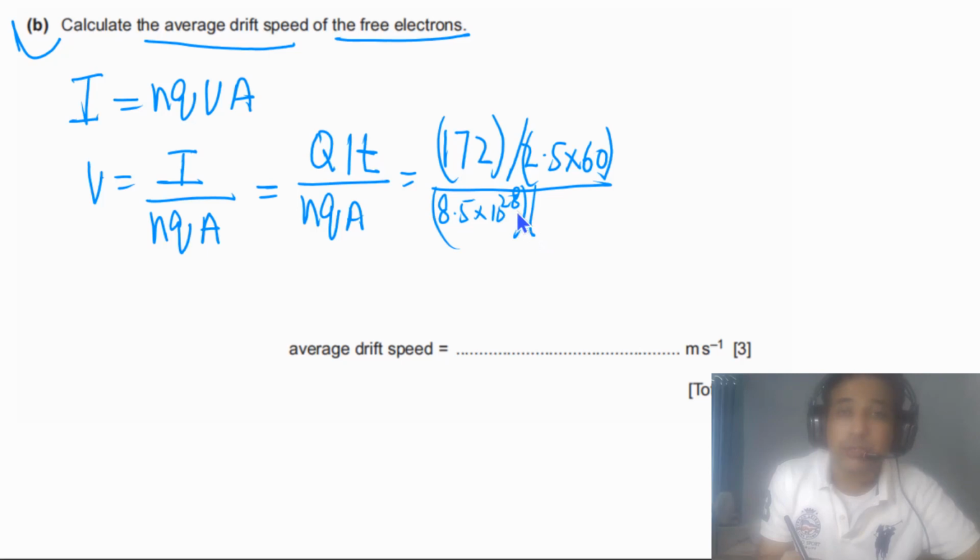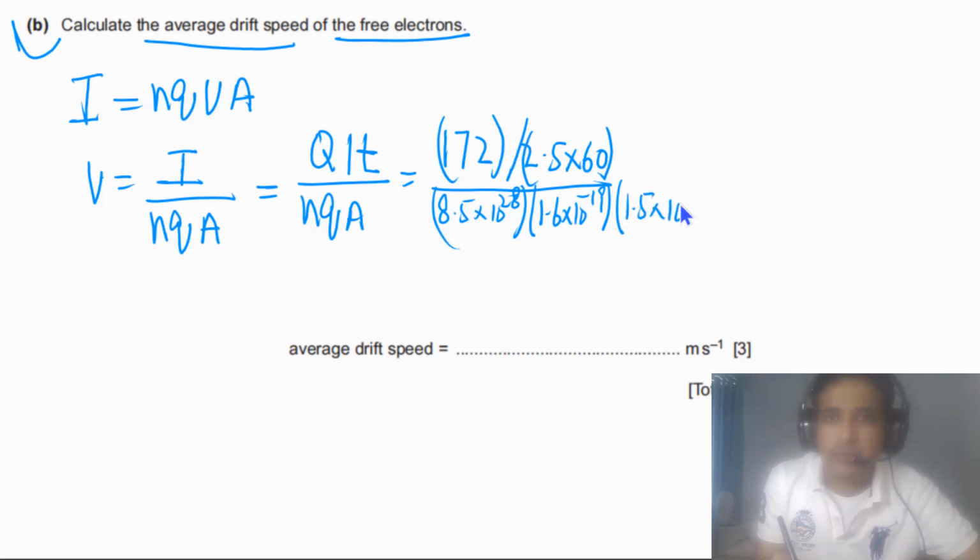And q is the charge on a single charge carrier, meaning on a single electron, so this is 1.6 times 10 to minus 19 coulombs. The value of A is also given in the question, and that is equal to 1.5 times 10 to minus 6 meters squared. Now we simply need to solve this one.